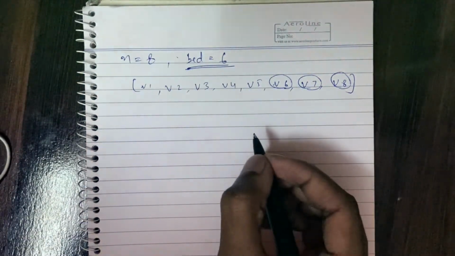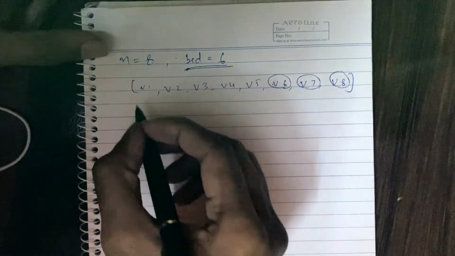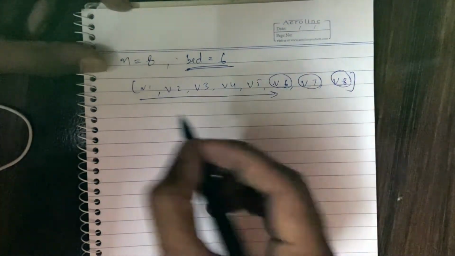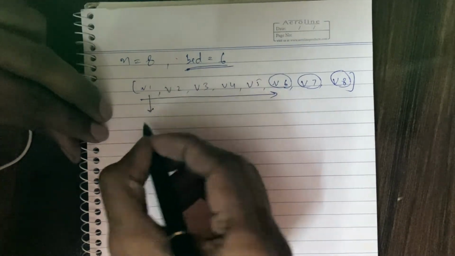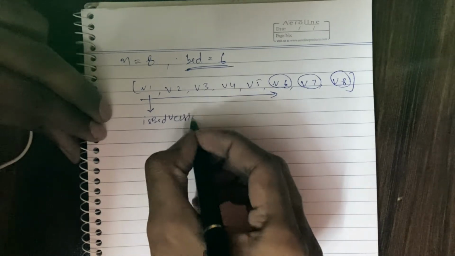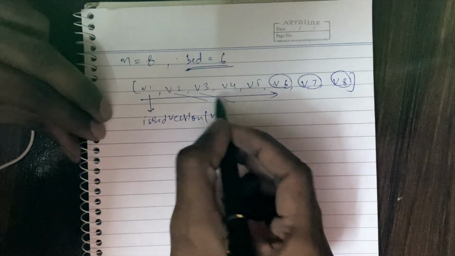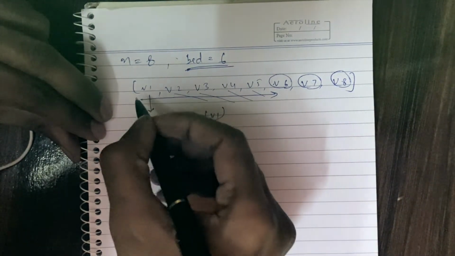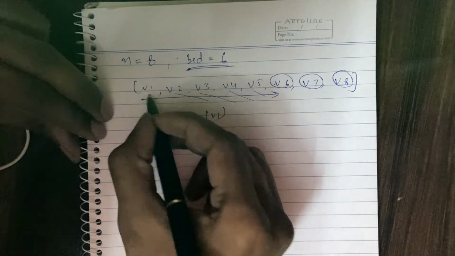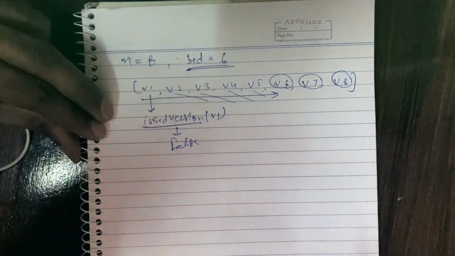A very simple approach would be to scan this array sequentially. Scanning from the beginning means I'll pick each version and call isBadVersion on v1, then v2, v3, v4, v5, and so on for all the versions. From 1 to 5, it will give me false because these are good versions.